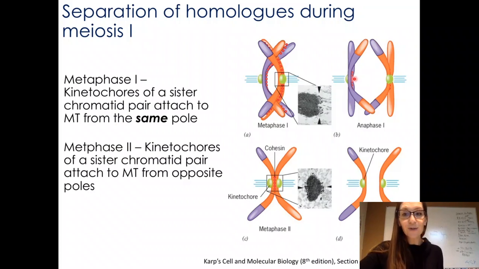And in this case, there's no tension, and so these two stay together, and it's not until the next round that we actually have this bi-oriented tension where shugoshin will be inactivated.